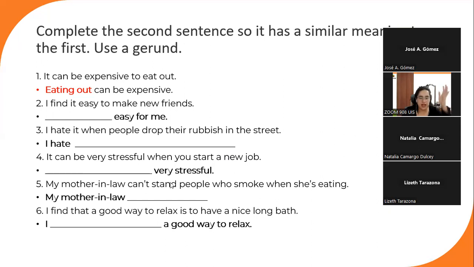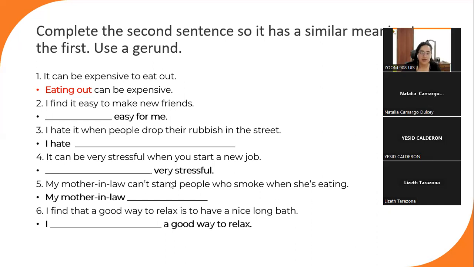Or Jose, I see your hand. Okay. Teacher, making friends, it's easy for me. Making friends, it's easy for me. Yes, easy for me. Okay.